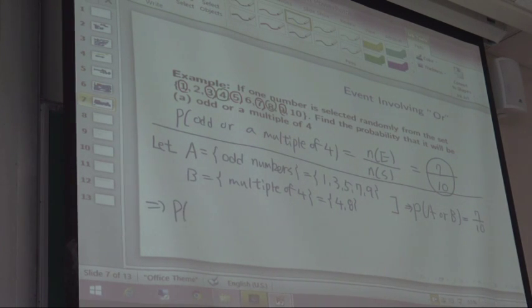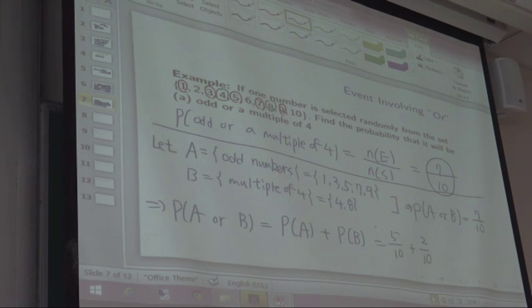The probability of A or B is the probability of A plus the probability of B. The probability of A is 5 over 10, and the probability of B is 2 over 10. So we get 7 over 10, right?